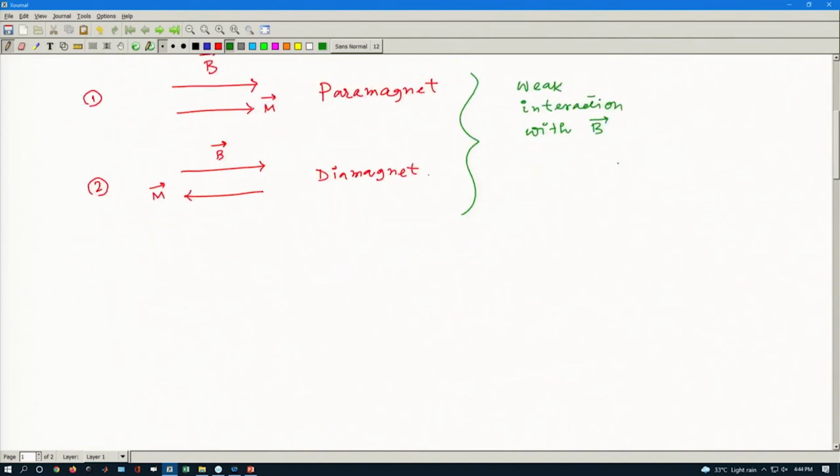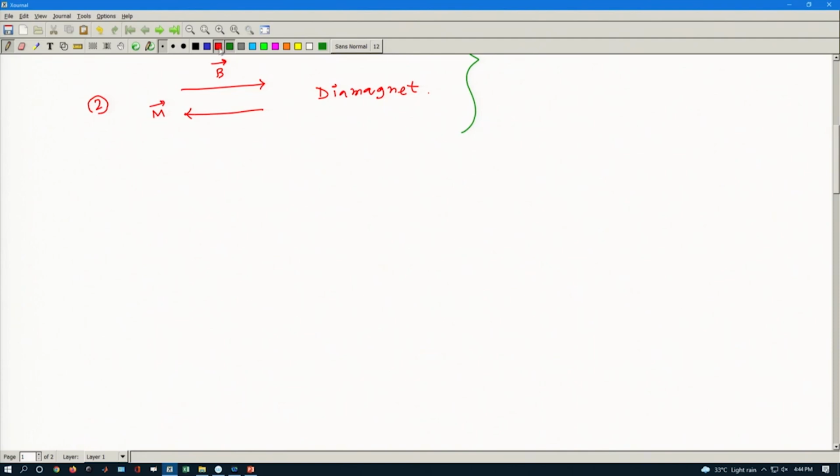But there is a third important kind of material, where if you apply the magnetic field B, the magnetization will be in the same direction, but the effect will be much larger compared to the other two. This is called ferromagnetic material.